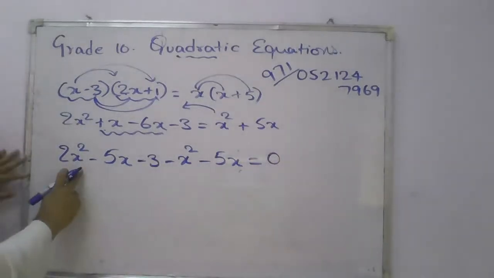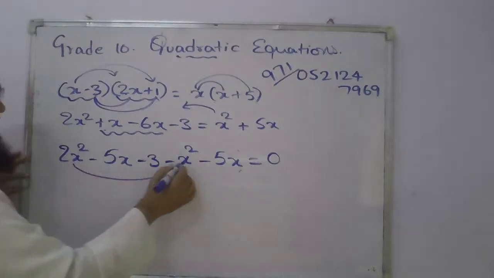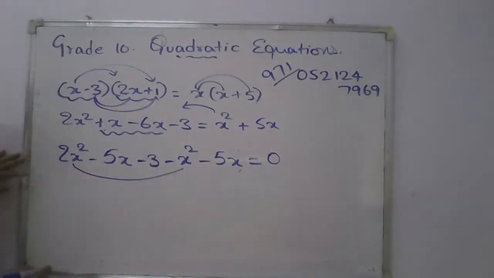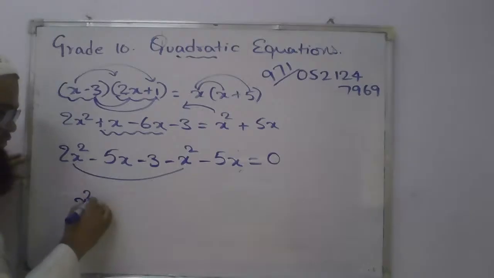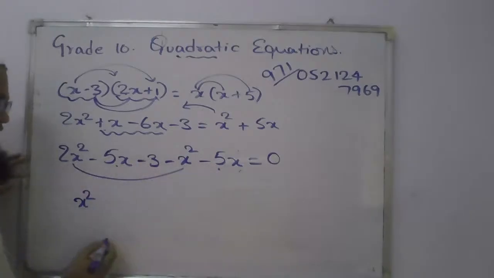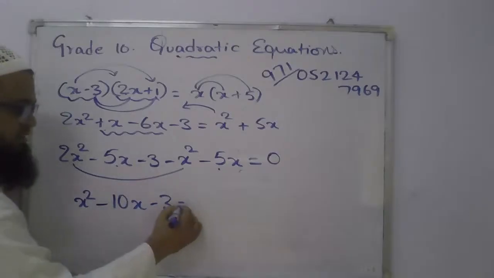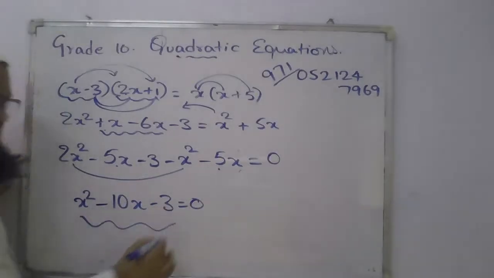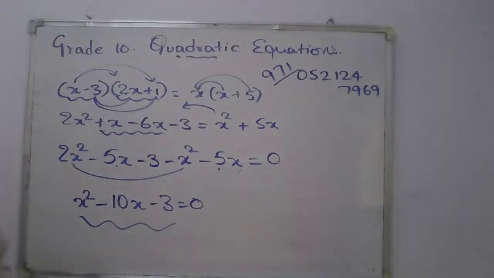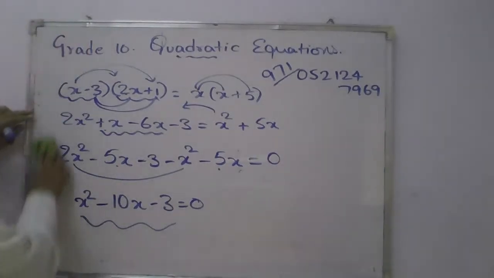So now 2x square minus x square, what is it? 2 minus 1, 1, so it is x square. Minus 5x, both are negative, so add, so it will be minus 10x and minus 3 is equal to 0. Now tell me, is it a quadratic equation? Yes sir, it is a quadratic equation because you have an x square term.